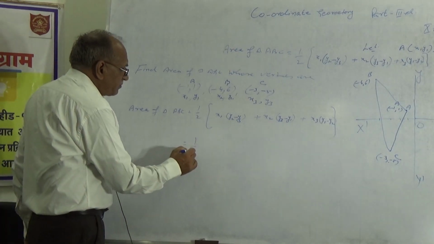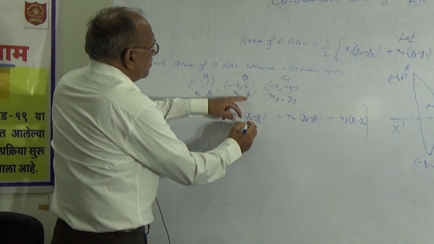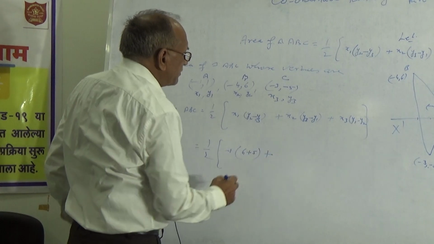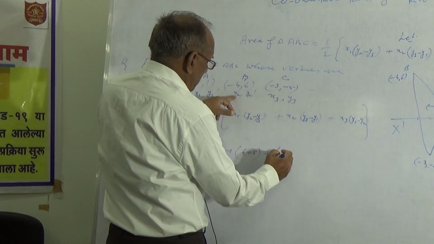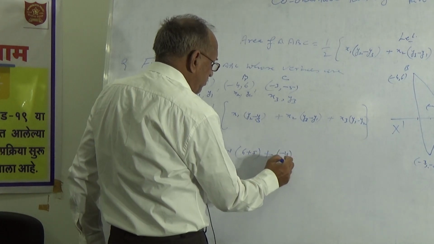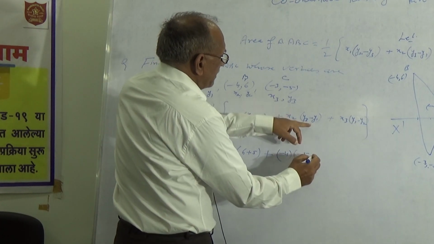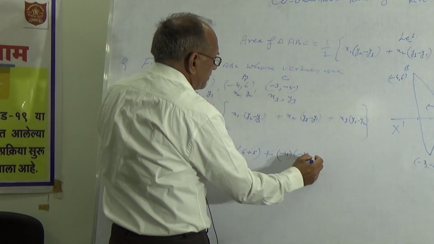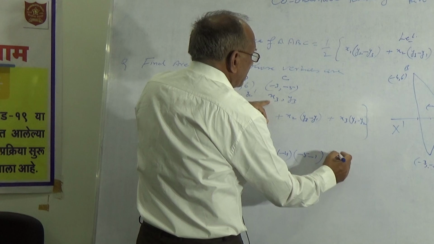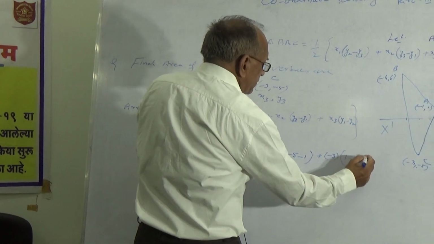We put these values. 1/2 x1, this is -1, y2 is 6 minus y3 -5 minus, plus x2, this is -4, y3 is -5 minus y1 is 1, plus x3 is -3, y1 is 1 minus y2 6.